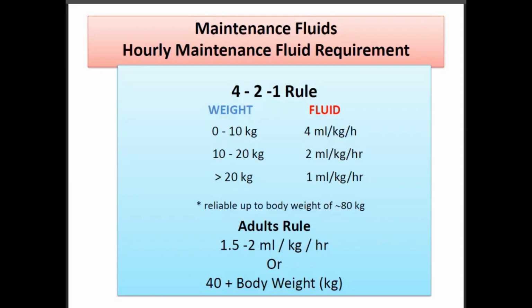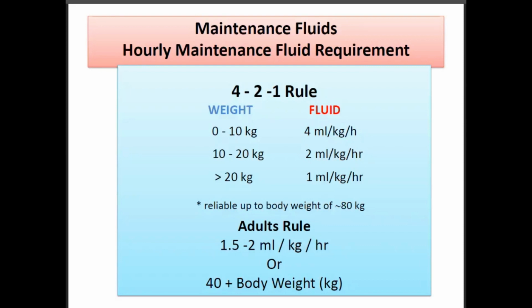So in general, for a 40 kilogram patient you can give 80, which is okay. In adults, the rule is to give 1.5 to 2 ml per kg per hour.